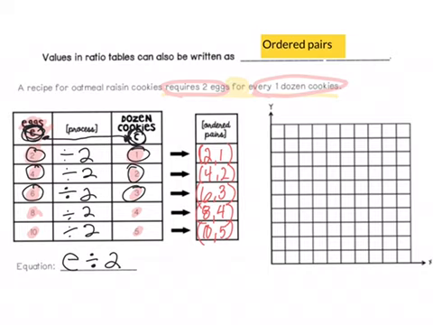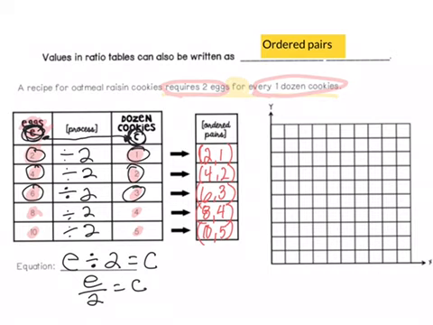So we're using our rule. E divided by 2 gives us C. So 6 eggs divided by 2 gives us 3 dozen cookies. We could also write it as E with a fraction bar over 2 equals C, because this means the same thing. Fraction equals division.